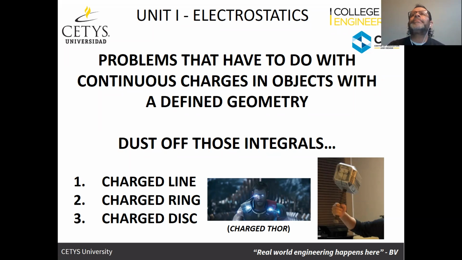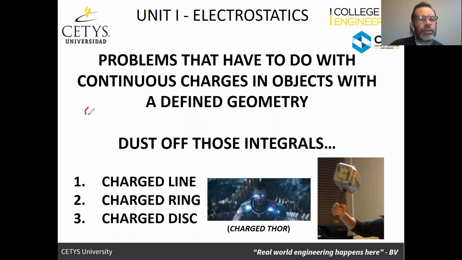Now let's talk about this situation before we get into the math of it. We've been talking about point charges. So we've got a charge in space that's, for example, a positive charge. Let's call this Q1.